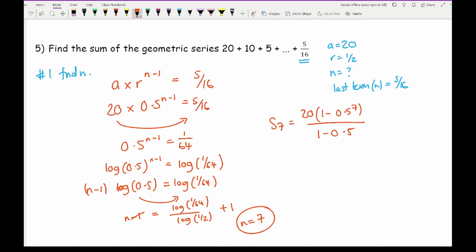If I quickly type that into my calculator, it gives me a final answer that the sum is going to equal either 635 over 16, or if I want to write it as a decimal, 39.6875. But either of those two ways would be absolutely fine.